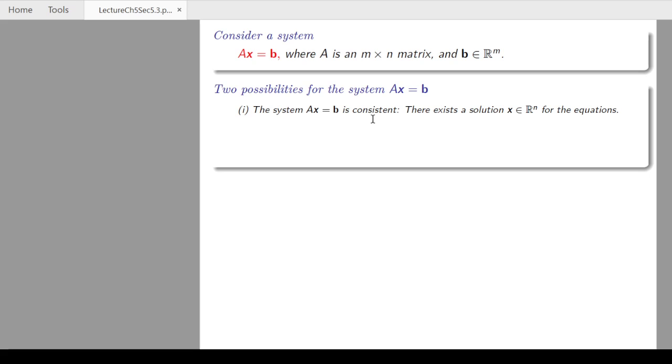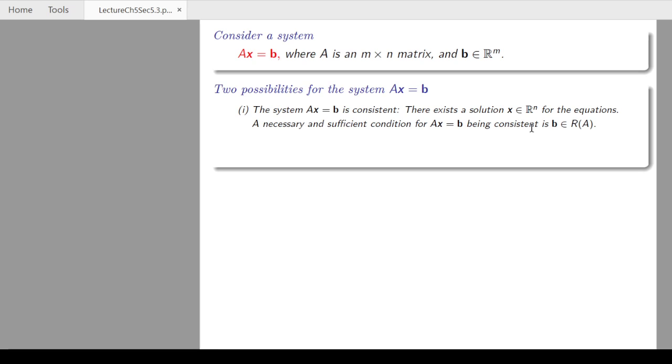That means there exists a solution x for these equations. A necessary and sufficient condition for Ax equals b to be consistent is b belongs to the vector space R(A).